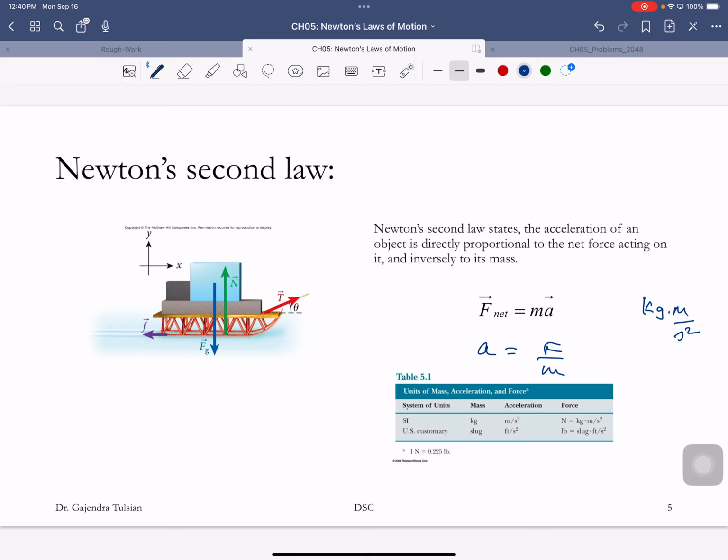Now in sciences, when you have a combination of basic units, we're sort of lazy and don't want to write that all the time. So we give this combination of units a name, and this is called a Newton in honor of Mr. Newton.